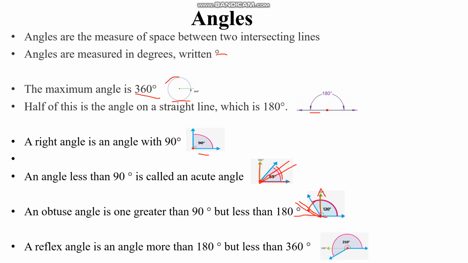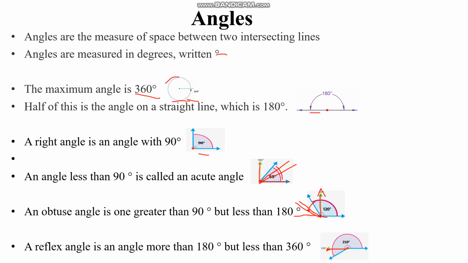Okay. So a reflex angle is an angle that is more than 180 degrees but less than 360 degrees. So in this case, this is the 180 degree mark. And in this instance, our angle is 210 degrees. It is greater than 180 degrees but less than 360 degrees, because 360 degrees is a complete revolution, like we noticed in this instance.